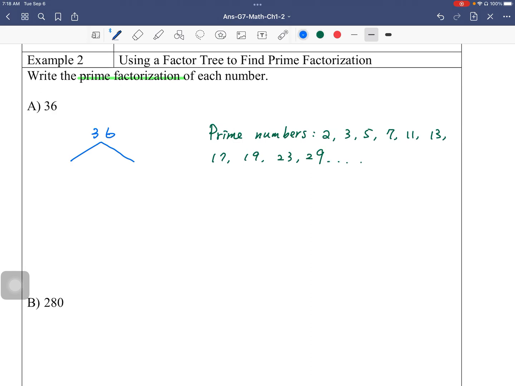We start with 2, and we get 18, and this part is done. It's just 2. This part, again, we use 2, and then 9, and this is done because it's a prime number. When we hit a prime number, we stop. So the prime number factorization for 36 is 2 to the power of 2 times 3 to the power of 2.